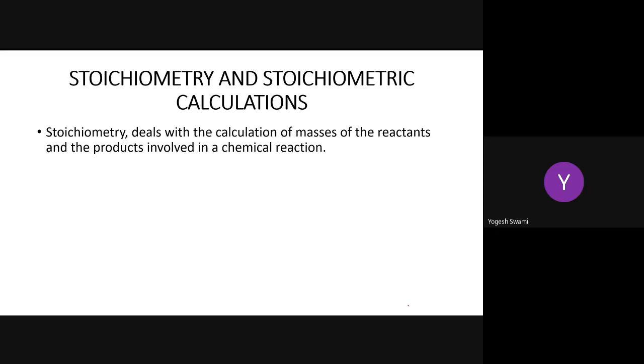We are doing quantitative analysis in stoichiometry. There are two types of analysis, quantitative and qualitative. Quantitative analysis finds out the mass, volume, density, concentration, pressure, like this. Qualitative analysis finds out which element is given, which compound is given, which ion is given.